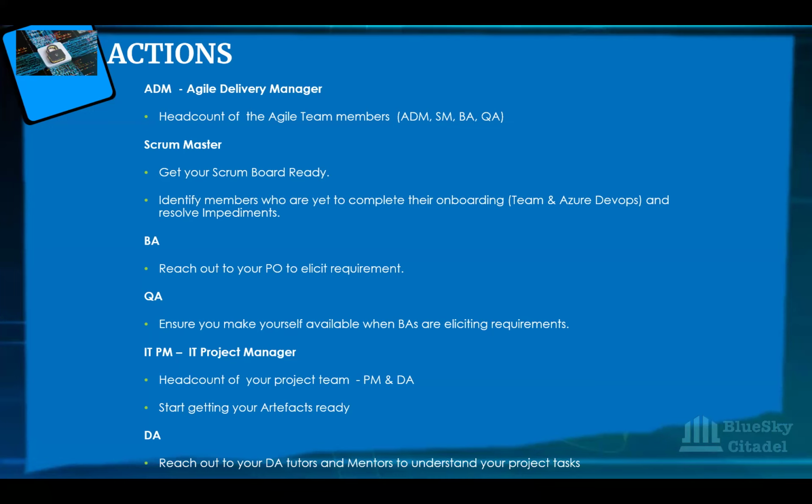And it will also help you to start thinking about the kind of test cases and test scenarios you want to write around the project deliverables or the project requirements that you have. So please note that.